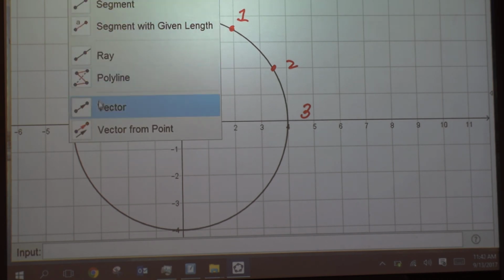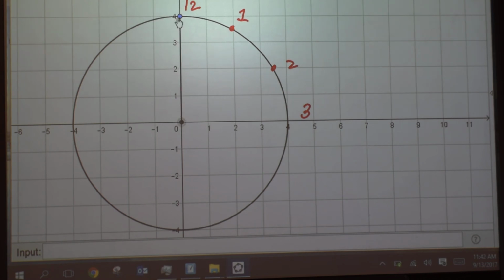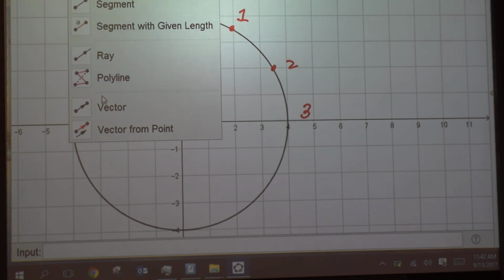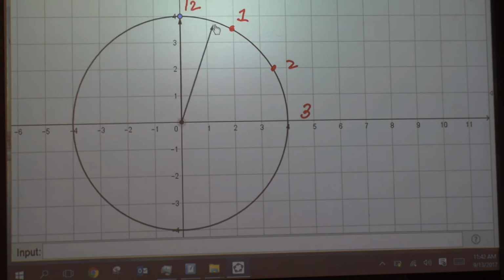So if I draw in my minute hand there, it'll start here and then it'll rotate there, right? And then here, and it'll rotate there too.